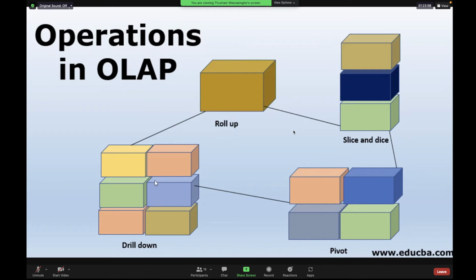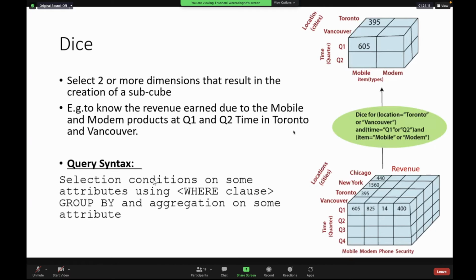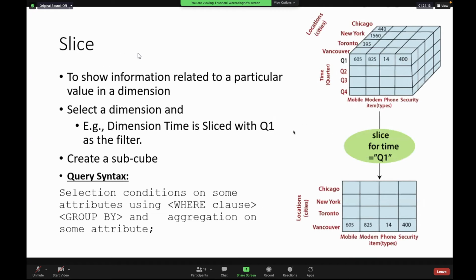These operations, drill down, roll up, those things you did, no? Slice and dice, pivot, but you did not do these codings and all that. Terms were introduced, I think. Anybody can please?